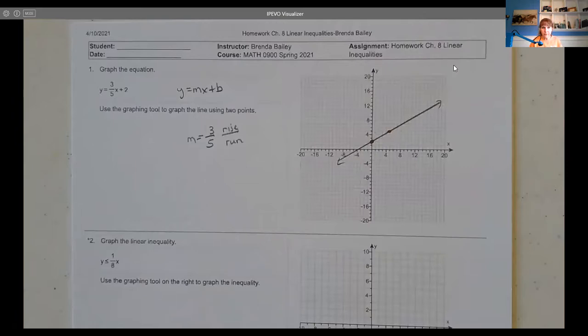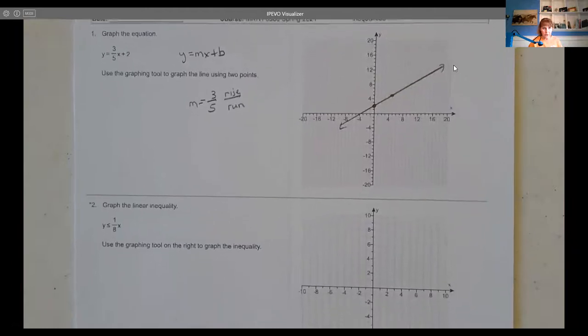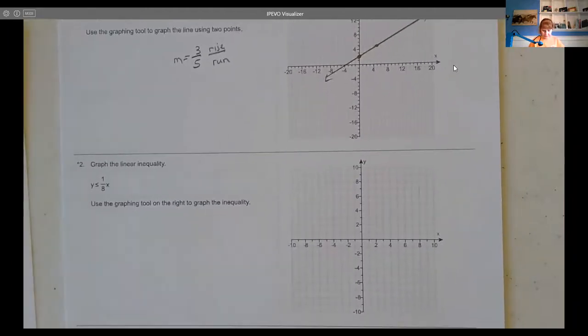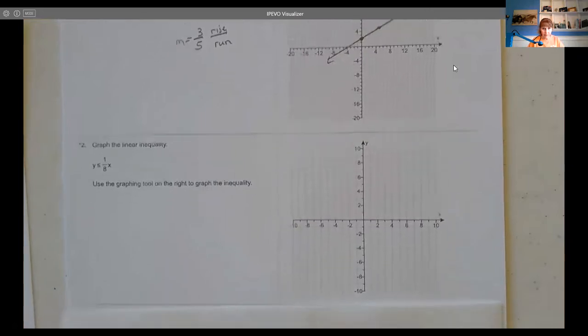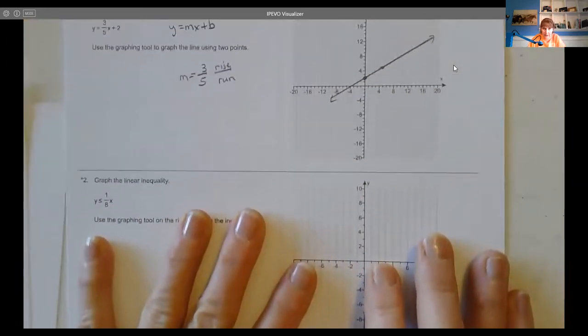Again, just a review. What we're going to look at now is number 2. I'm going to move it up a little bit. We have this inequality symbol. To begin with, we're going to find our 2 points, just like we did here.